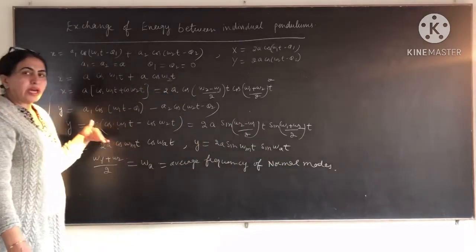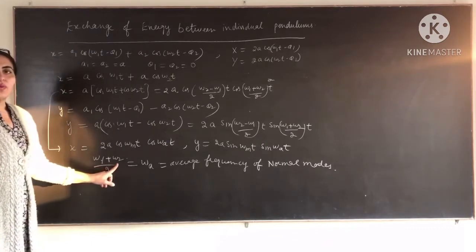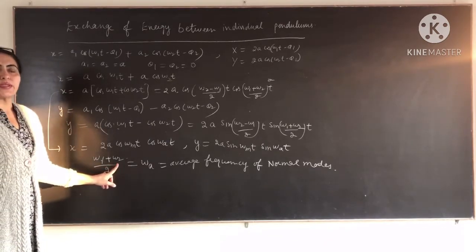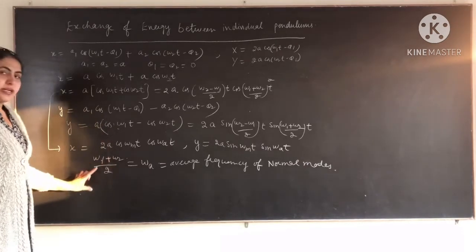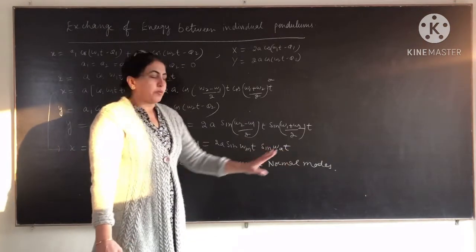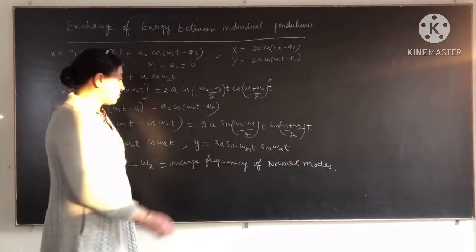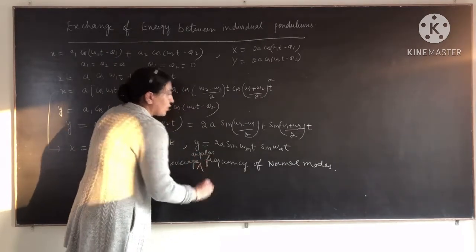Because we know from previous articles that omega 1 and omega 2 are the normal frequencies for the two normal modes respectively. When we take their average, this becomes the average angular frequency of normal modes.